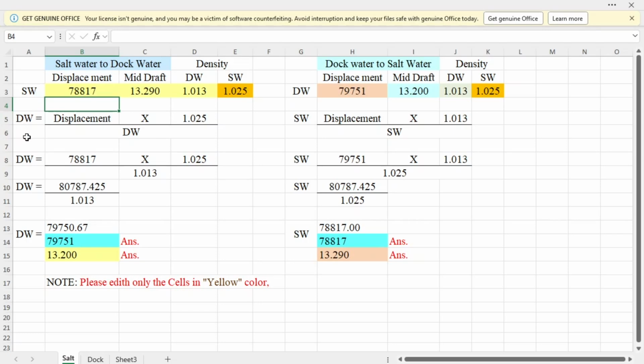displacement, the formula is displacement times 1.025 over water density.